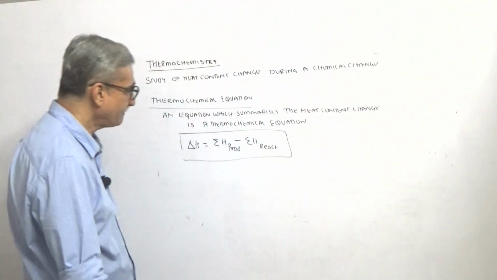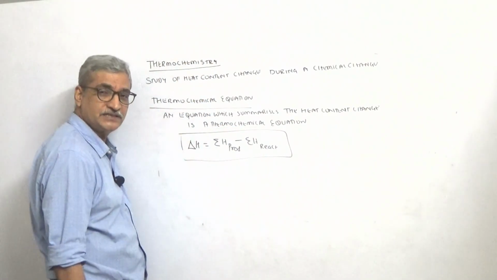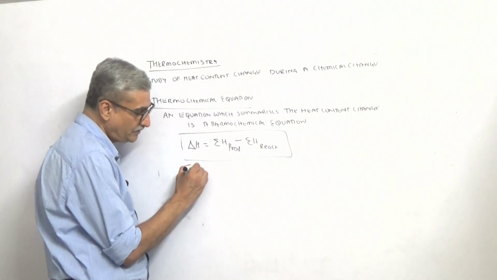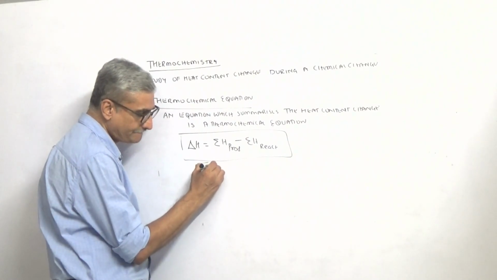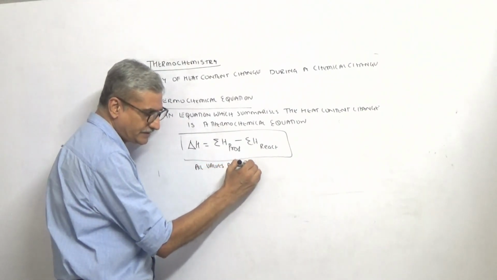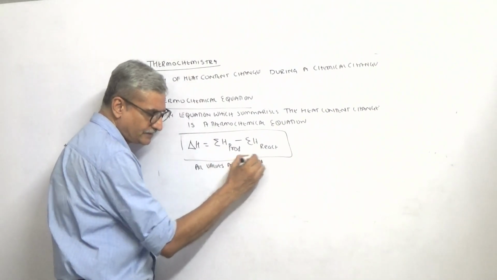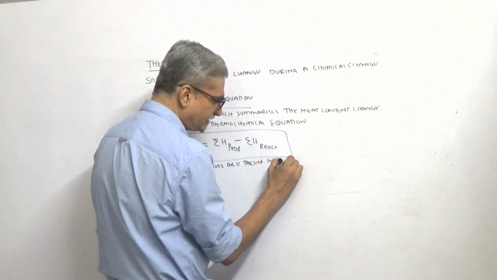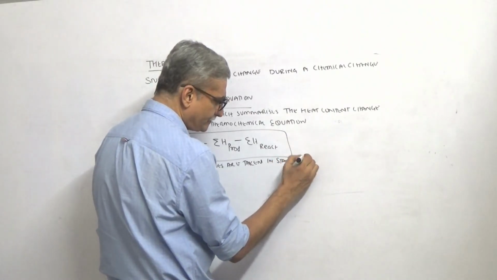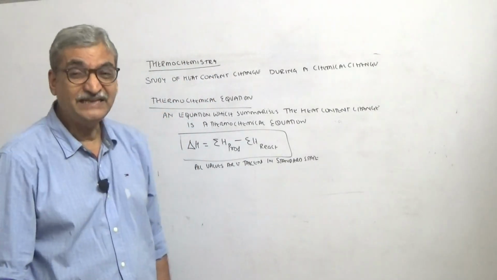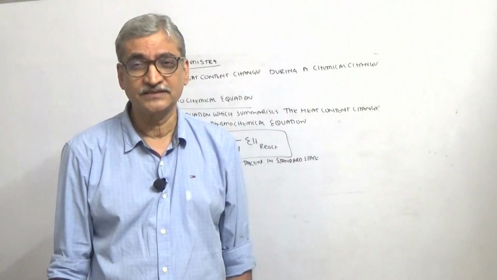Is this clear? So now what are the conditions that we have to know? First of all, all values are taken in standard state. See, there's a very big difference between standard temperature and pressure and standard state.